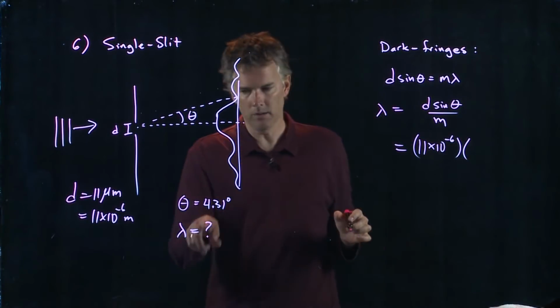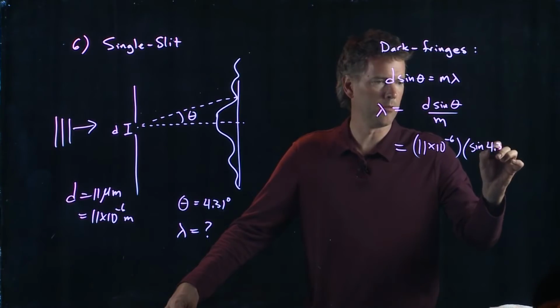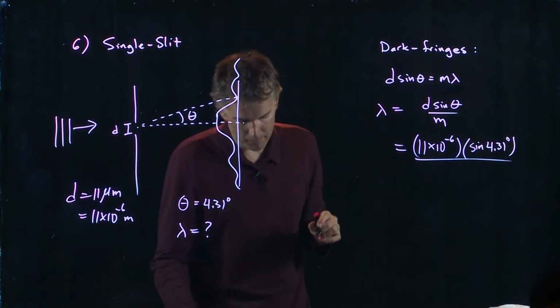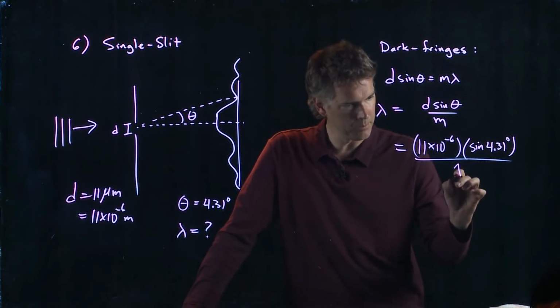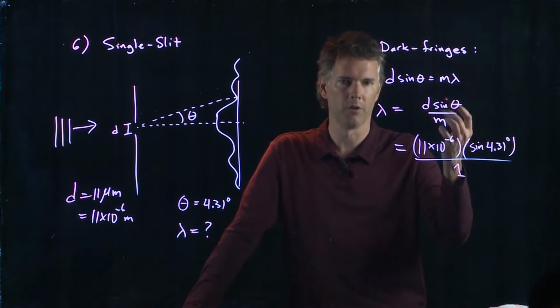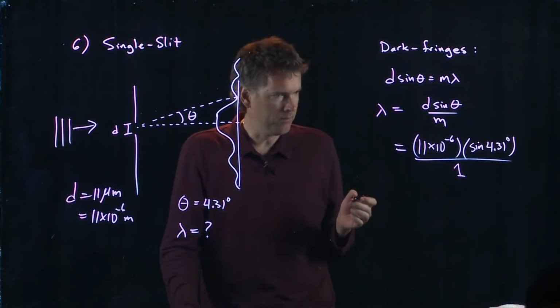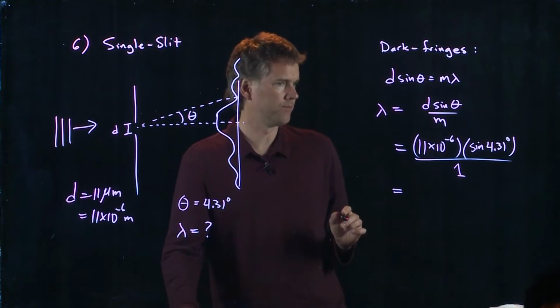We have the angle, 4.31 degrees, so we can take the sine of 4.31 degrees. And then we have m for this case because in the problem they say it's the first dark fringe. So m is in fact equal to 1 here. All right, punch in all these numbers into your calculator and tell me what you get.